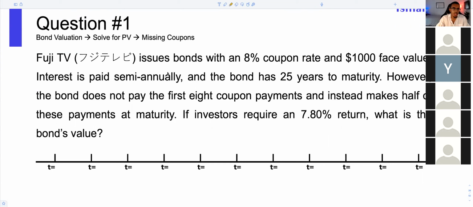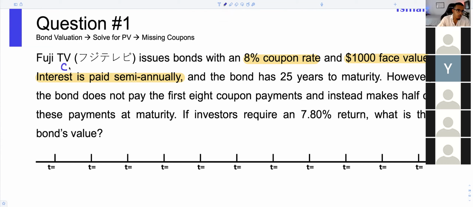So once again, we're dealing with Fuji TV, which issues a bond at an 8% coupon rate, okay, at a $1,000 face value, all right? And we know that the interest is paid semi-annually, all right? So already there, I'm gonna ask y'all, what should be our coupon payment in this case, if we know that the coupon rate is 8%, interest is paid semi-annually, and the face value is 1,000?